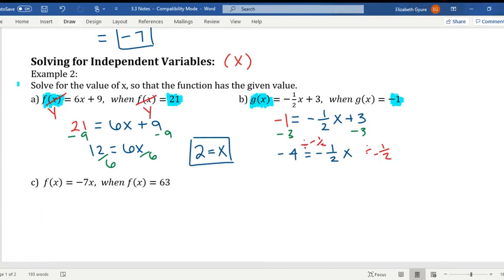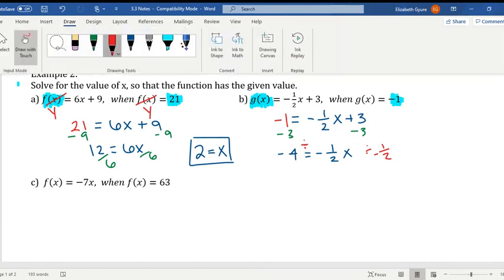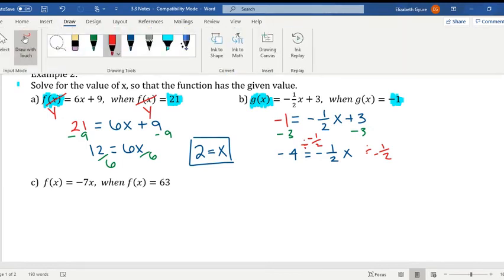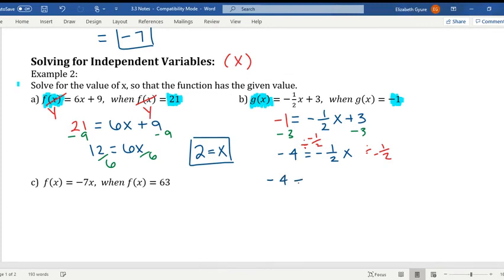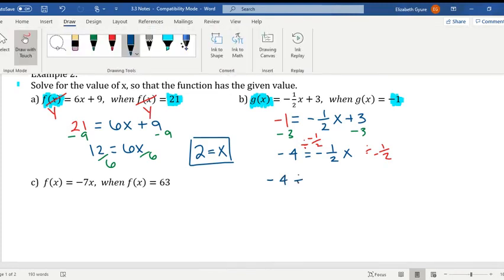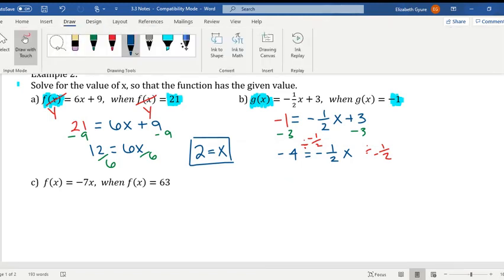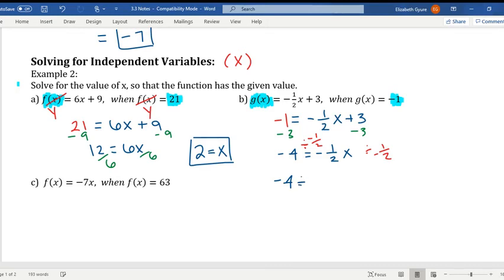Now you have to be careful when you do this, because dividing by fractions, there's a trick we need to remember. So we can't go to our final answer right away. I'm going to copy this down. -4 divided by -1/2 equals, and then the 1/2's on the right would cancel, equals x.